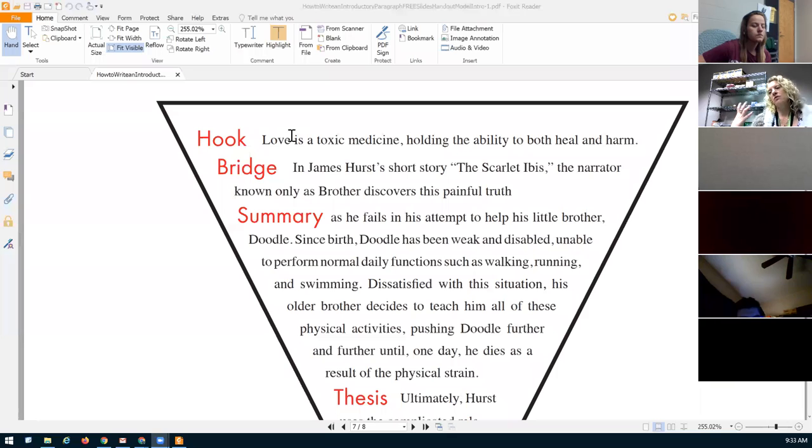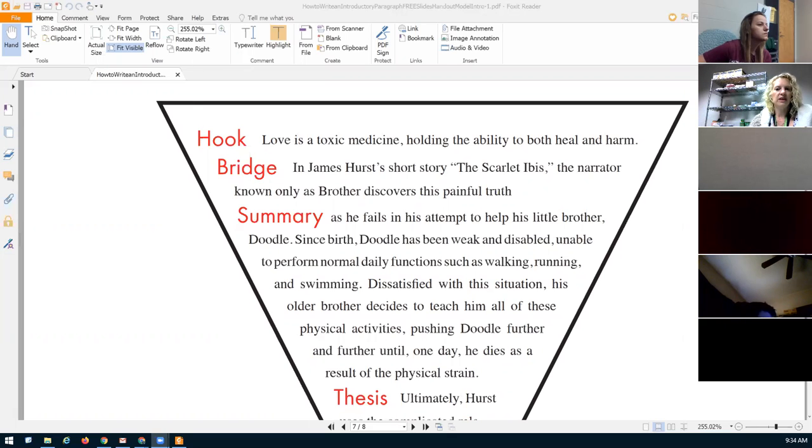So they're creating a phrase for us to look at and say, okay, why would love be toxic? They're creating a statement for us to look at going, what the heck, how can love heal and harm people at the same time? So it makes us curious, right?